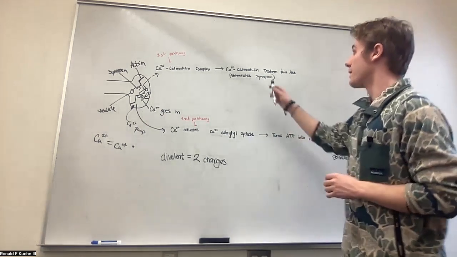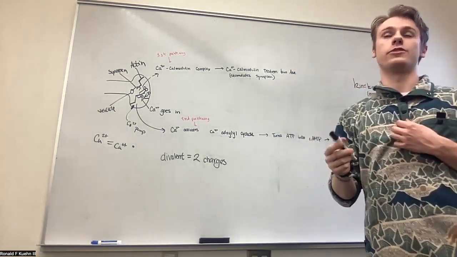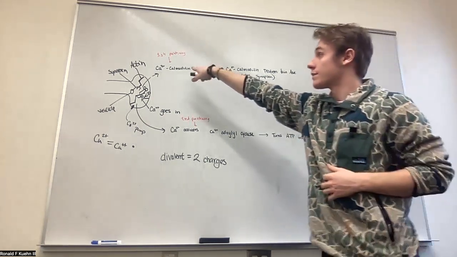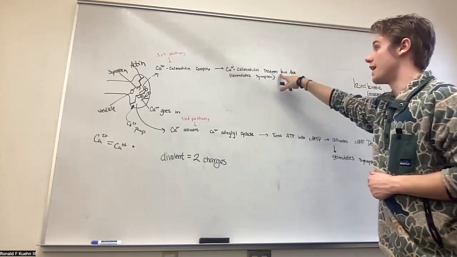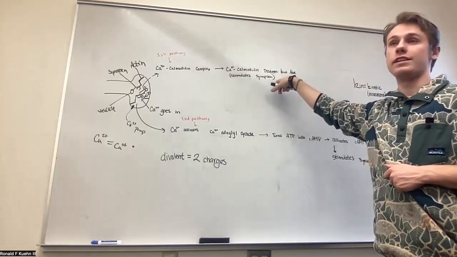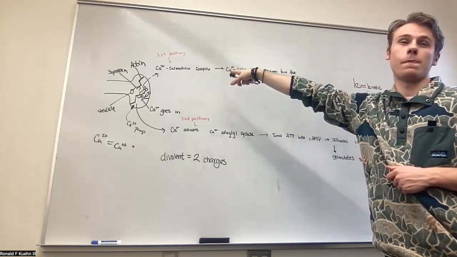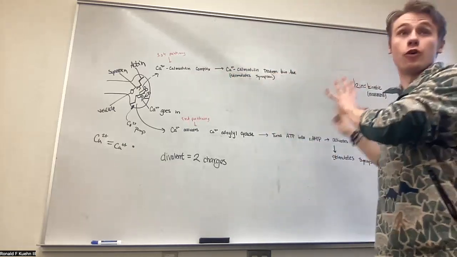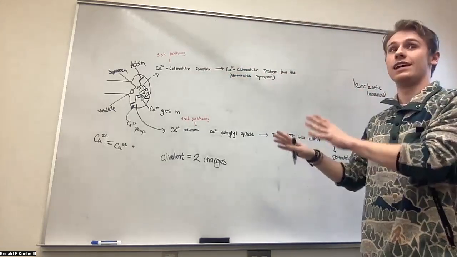No, it's normally dormant, which means it's not doing anything. So it's like asleep. And then this comes in and it binds with this, which wakes it up and causes it to do what it says. So when it's stimulated, it's active. Yes, so all of these enzymes are normally dormant until they're stimulated and woken up.